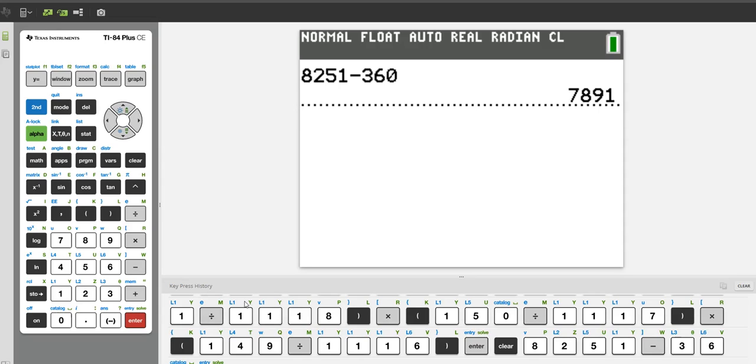So in theory, if we do this sampling without replacement, on the first one, the probability of a good one is 7891 out of 8251, and then the next one would be 7890 out of 8250, and the next one would be 7889 out of 8249, but they don't do it that way.